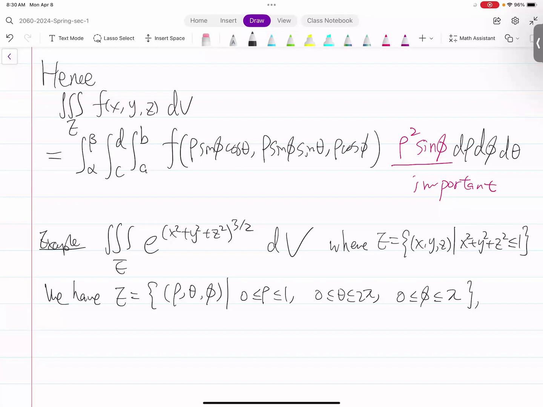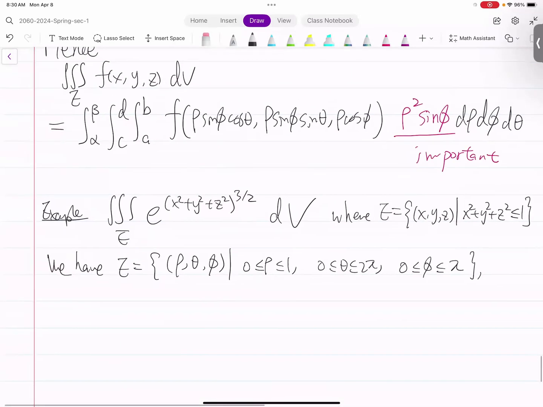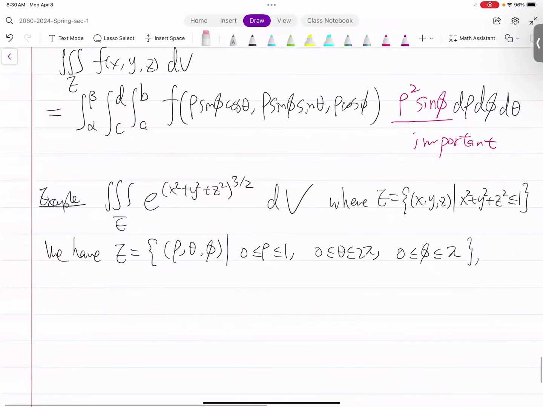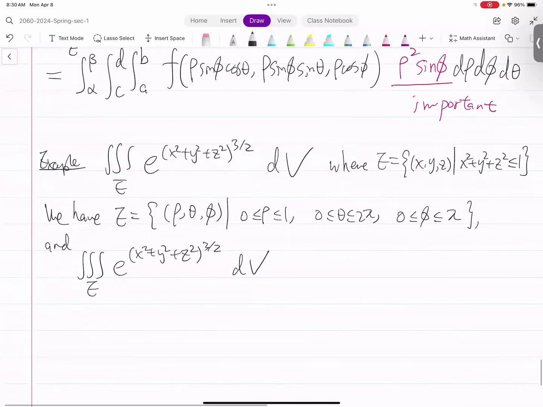And then we just do everything translated to rho, theta, phi. And triple integral over the solid of this function. By writing it down, we can expect that x squared plus y squared plus z squared now becomes much simpler because that's just rho squared, right?